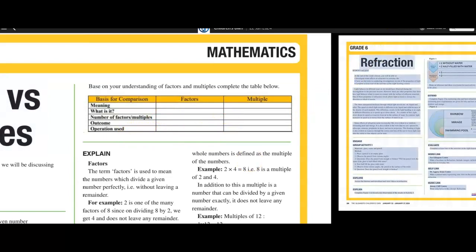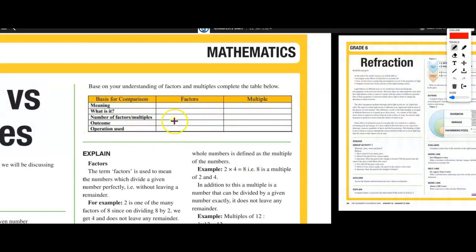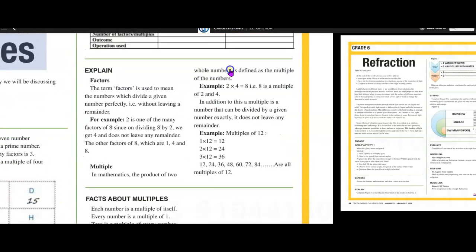All right, let's see if we can do a little bit of this. Here are examples. Multiples. So 6 is a multiple of 2 and 3. Okay. We have the outcome there. Operation used, this would be multiplication. All right, I guess we can stop with that.